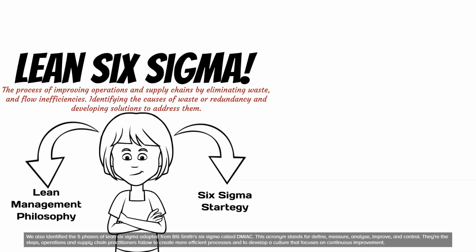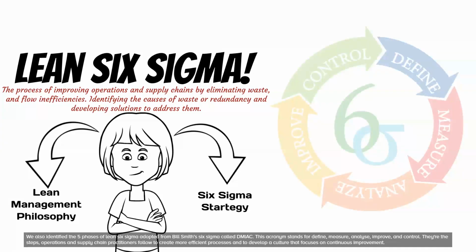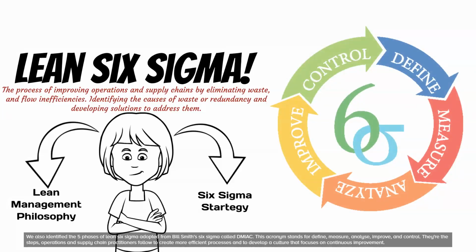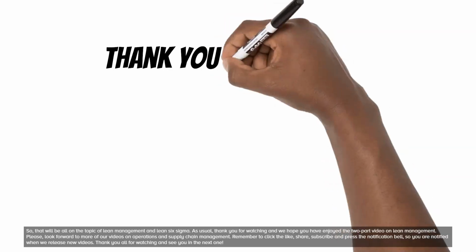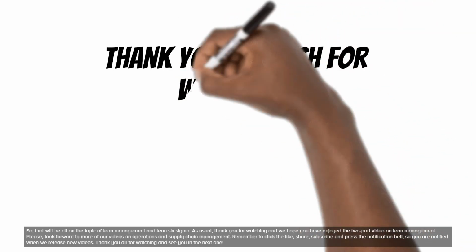We also identified the 5 phases of Lean Six Sigma adopted from Bill Smith's Six Sigma called DMAIC. This acronym stands for Define, Measure, Analyze, Improve, and Control. They're the steps operations and supply chain practitioners follow to create more efficient processes and to develop a culture that focuses on continuous improvement. So, that will be all on the topic of lean management and Lean Six Sigma.